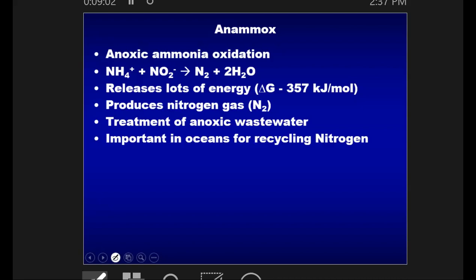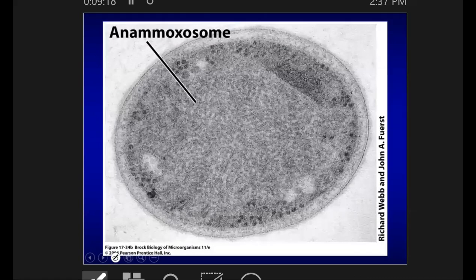They're also found in anaerobic environments in the ocean and are critical players in the ocean for, again, recycling nitrogen and getting that dinitrogen back up into the atmosphere. So they're kind of funky organisms because when you look at them under the microscope, we keep saying that bacteria don't have internal organelles.